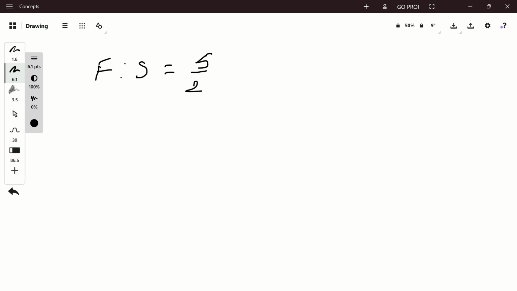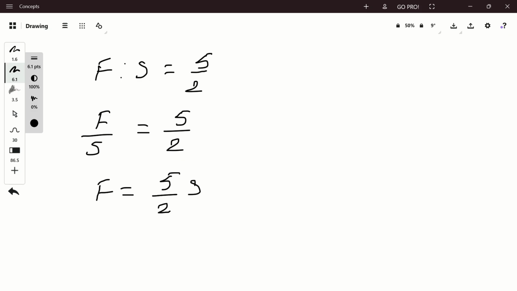Or this can be written as F upon S is equal to 5 upon 2, which means F is equal to 5 by 2 S. The father is 30 years older than the son, that is F minus S is equal to 30.